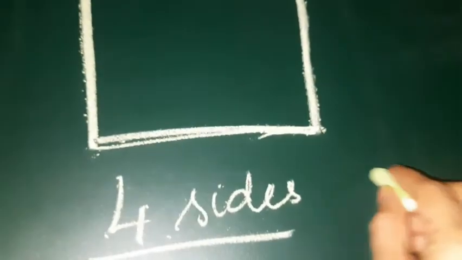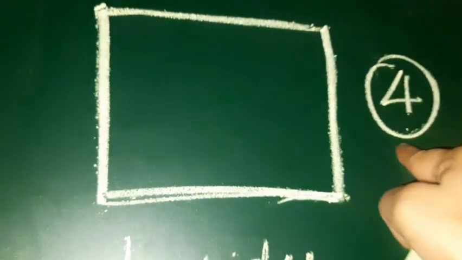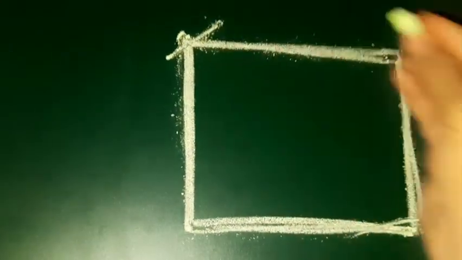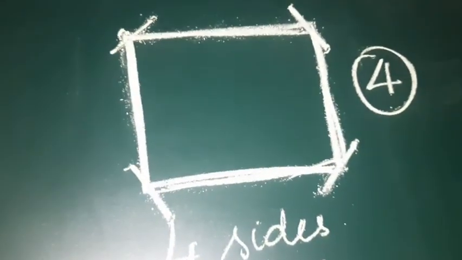Quad means 4. So a quadrilateral means a shape which has 4 sides. This is one corner, this is the second corner, this is the third corner and this is the fourth corner.